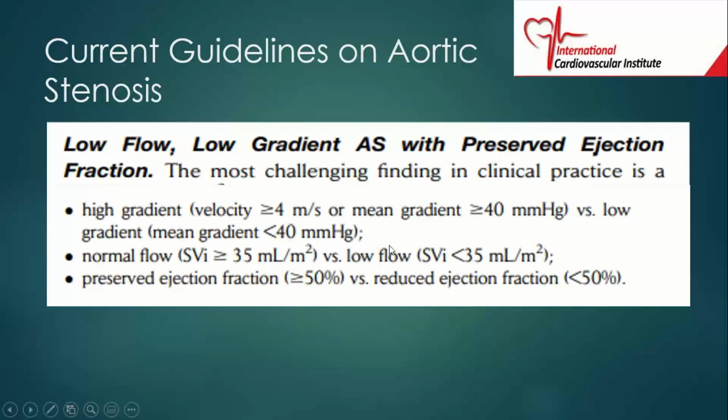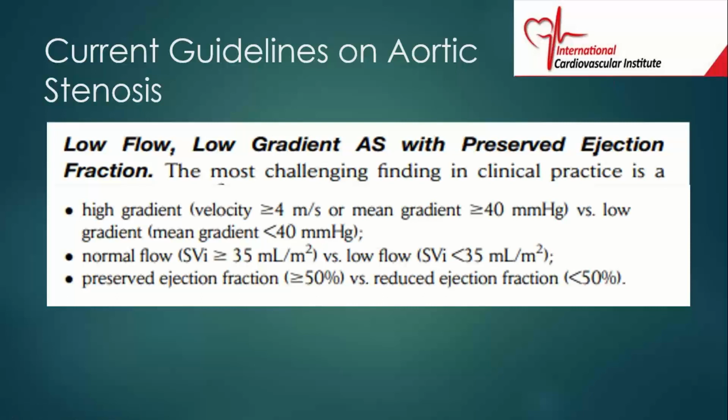If the patient has a low gradient situation though, then you have to look at the flow across the valve, the stroke volume index. You have to look at the ejection fraction. Is the ejection fraction normal? Is the ejection fraction reduced? Remember, when we have patients with reduced ejection fraction, we have to do something more.